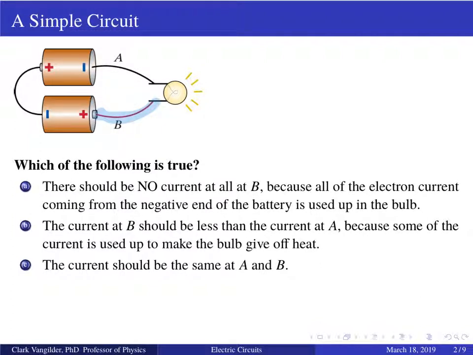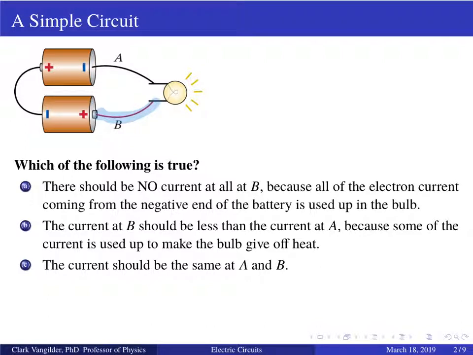If it was used up in the bulb, then either it stops there or somehow it turns into light and leaves the bulb. Of course, it doesn't seem that it works this way in reality. The current just keeps moving and it has an effect in the light bulb. So we could probably dispense with that one.